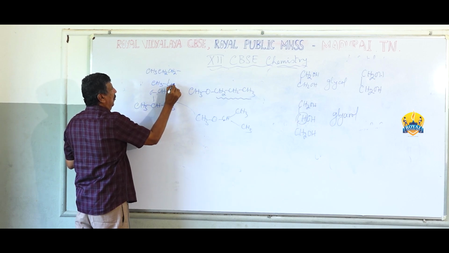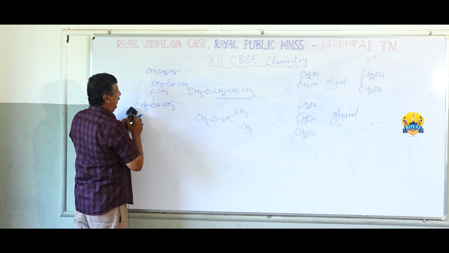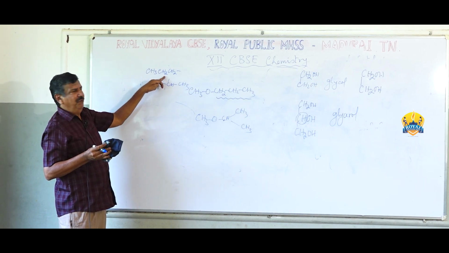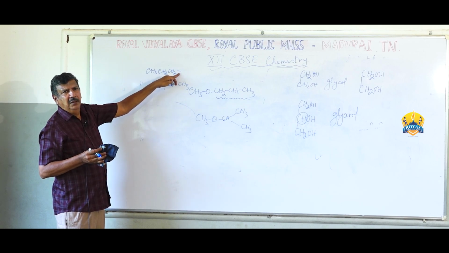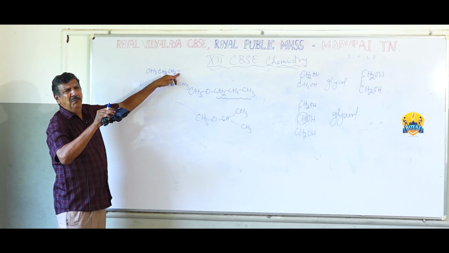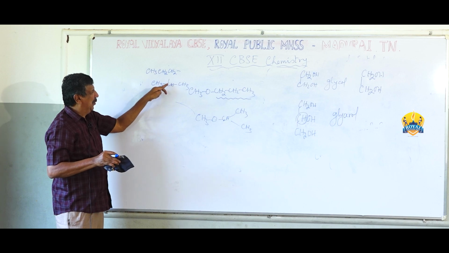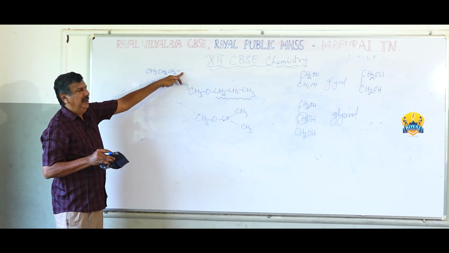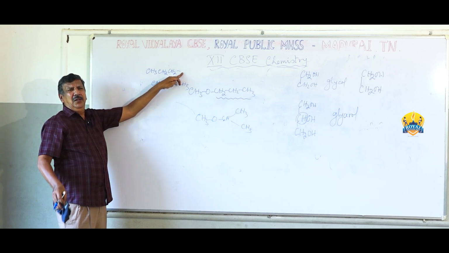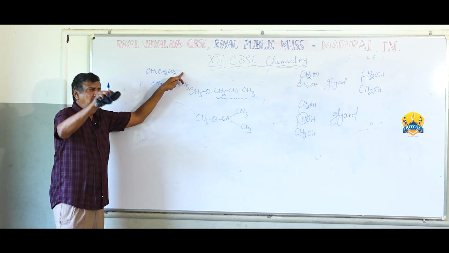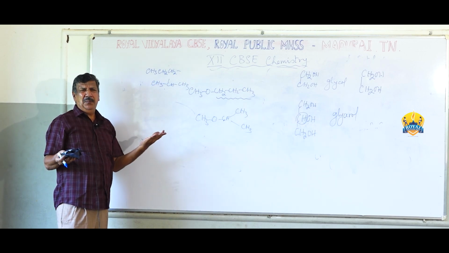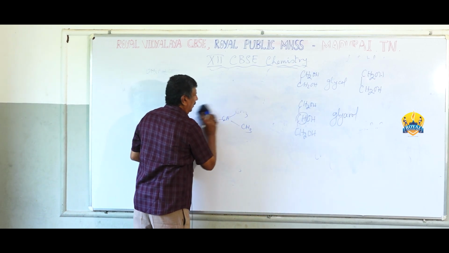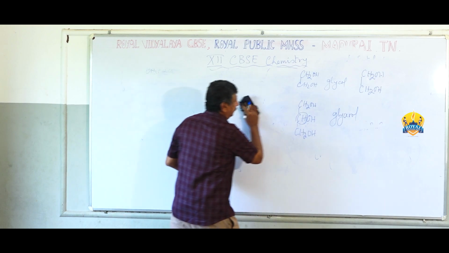You see, this is N-propyl, which is unstable. Just I am writing it as a bond. This is isopropyl. When you add any group to this one, it is called N-propyl. When you add any group to this one, it is called isopropyl. That's all. Okay. Next one, your ether is over.